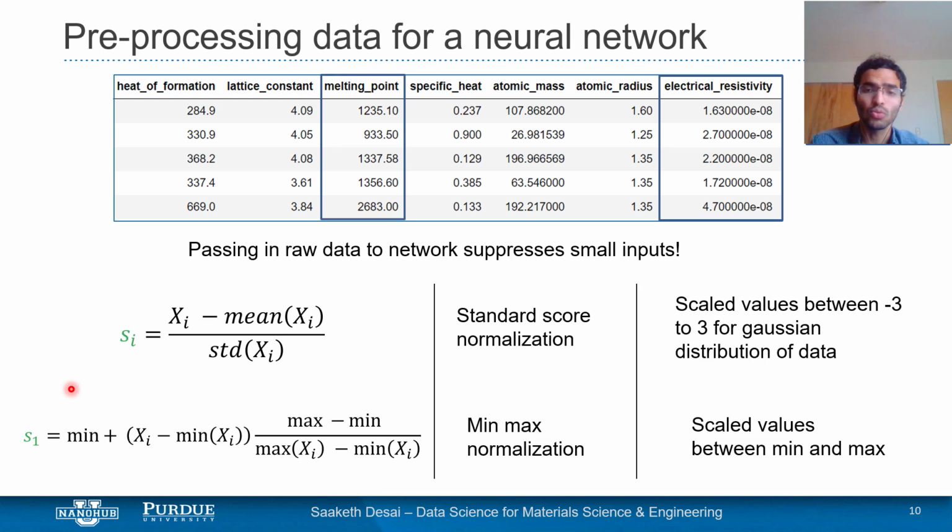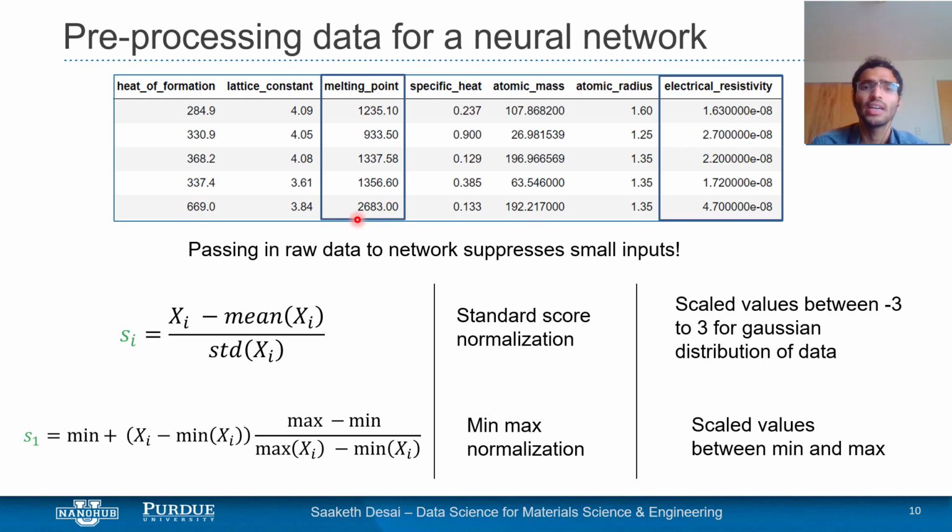Another scheme to do the same normalization is min-max normalization, where we compute a scaled version of our input, say the melting point or the resistivity, and convert the range of values that we have in our data set to be all lying between a predetermined min and max value.